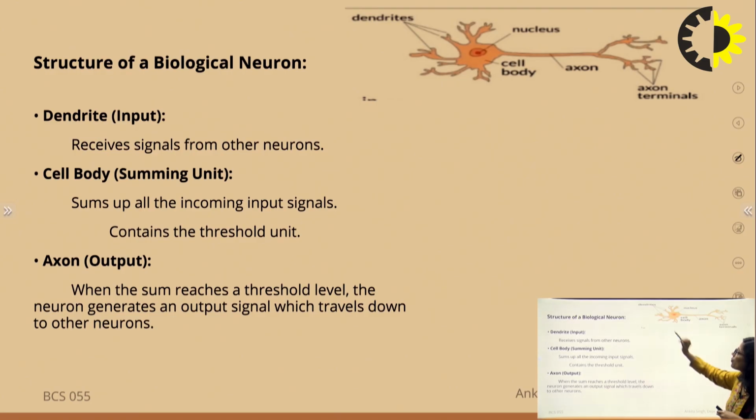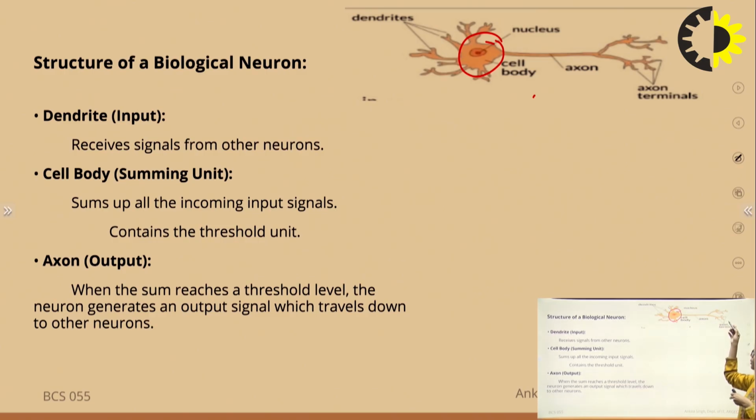The purpose of dendrites is to take inputs. So whatever input the neuron is taking, it is getting from the dendrites. Then the cell body takes all the decisions. The main decision making process happens in your cell body. Then we have an axon and we have axon terminals.